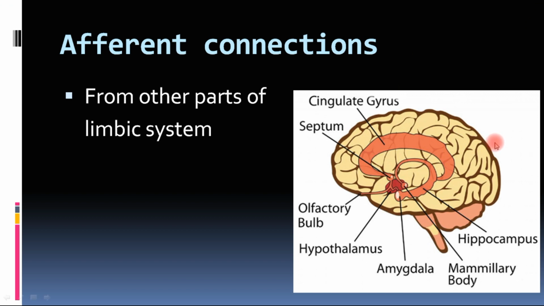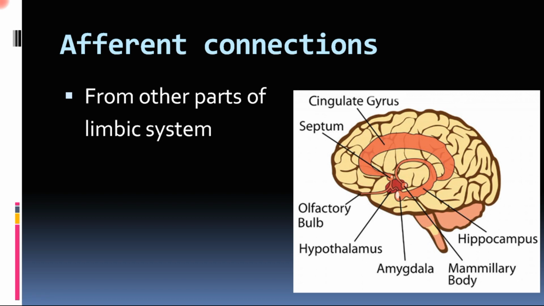The hypothalamus here is a part of a system, a group or collection of cell bodies or nuclei in the brain, and that collection is called the limbic system. This limbic system is responsible for the emotional aspect of our behavior. As you can see here, the hypothalamus along with the amygdala, mammillary body, hippocampus, cingulate gyrus, septum and olfactory bulb forms the limbic system of our brain.